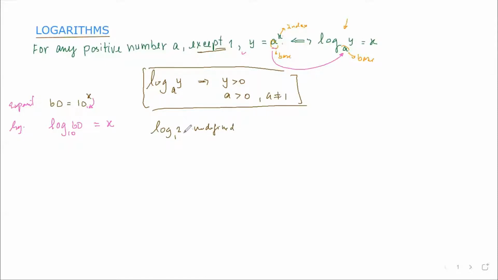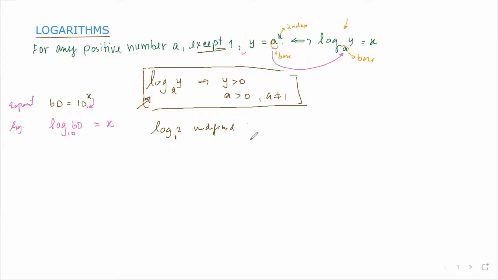Because it does not follow the definition of logarithms, because the base a has to be greater than 0 and can't be 1. So if you find this, it is wrong right away, or say undefined, you cannot get any answer.